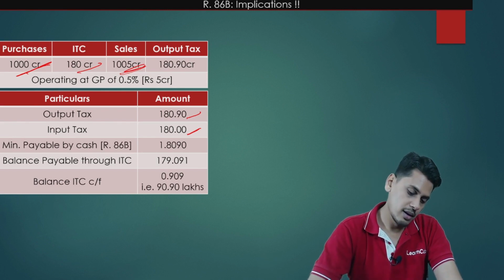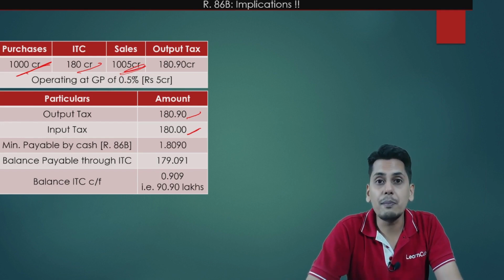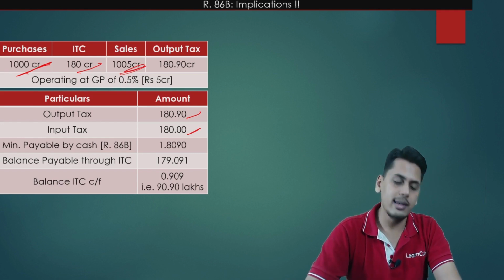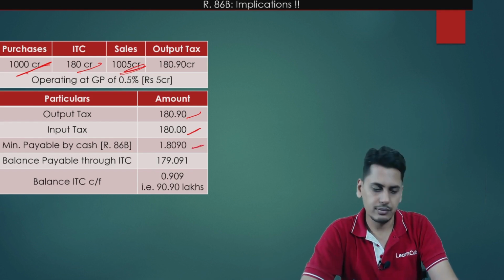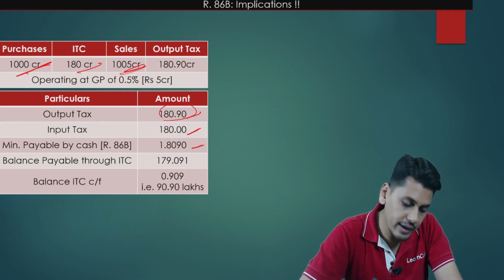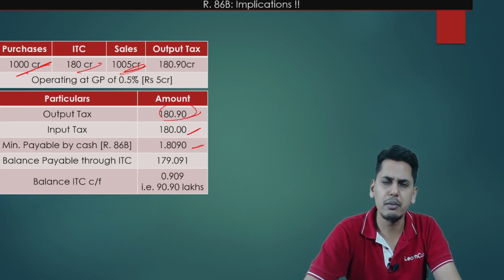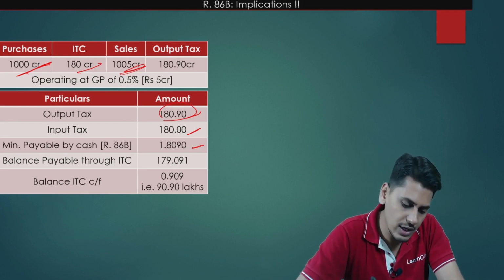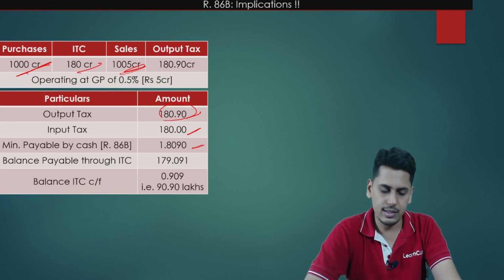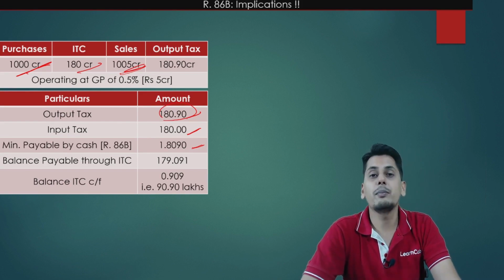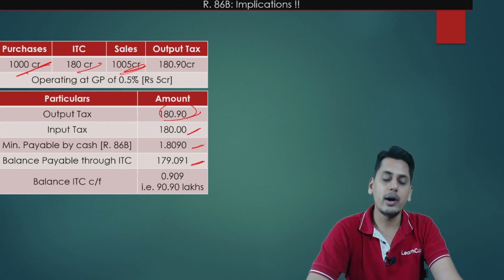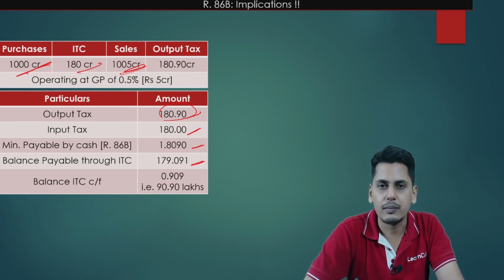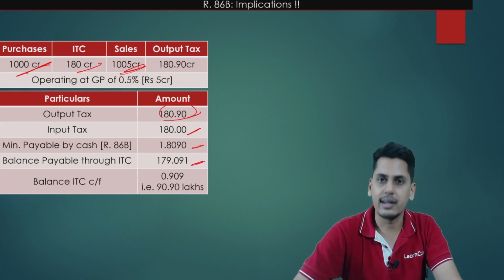The minimum amount he has to pay through his electronic cash ledger is 1.8090. 180.90 is his output tax liability. Minimum 1% to be paid from cash, 1.8090. The balance amount he can pay through his electronic credit ledger, 179.091. He pays it from his credit ledger.